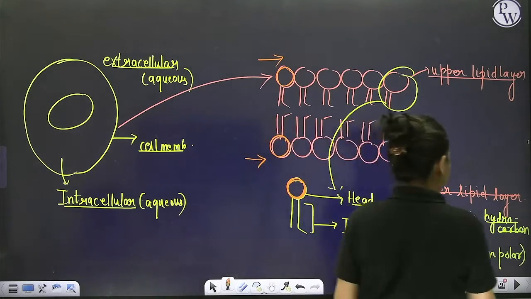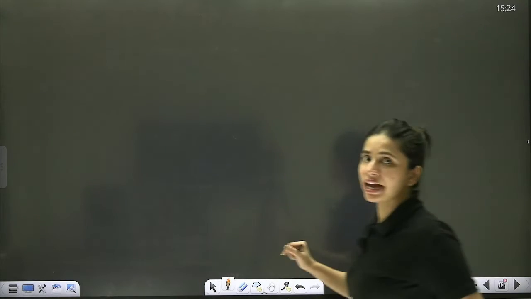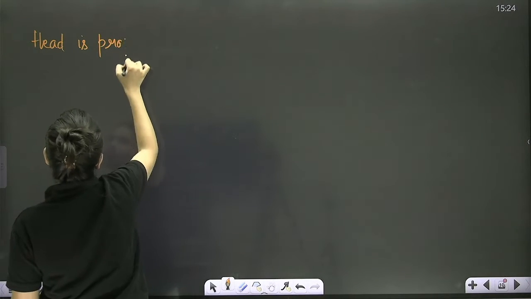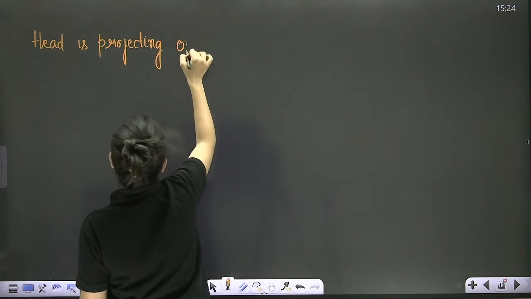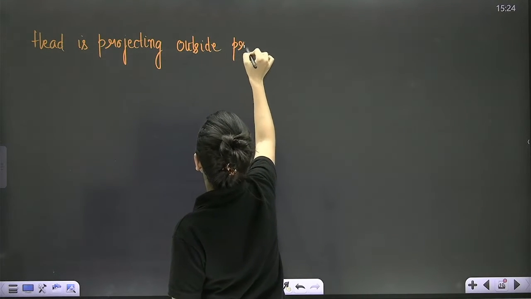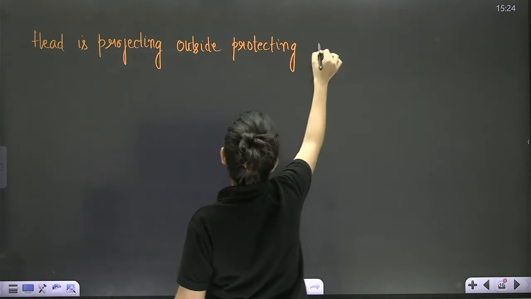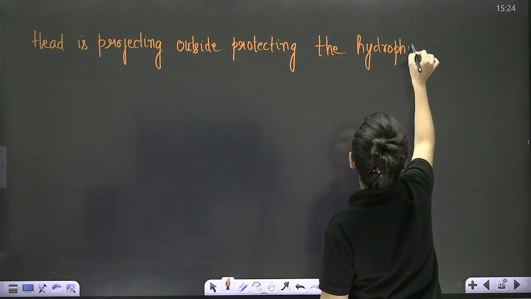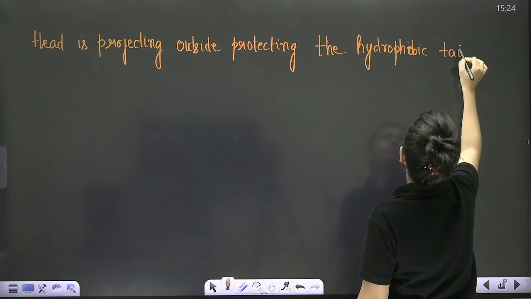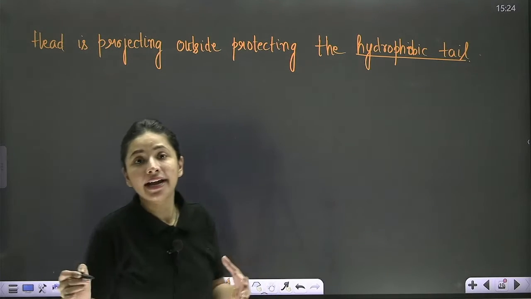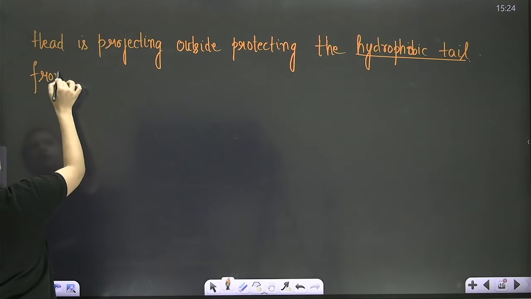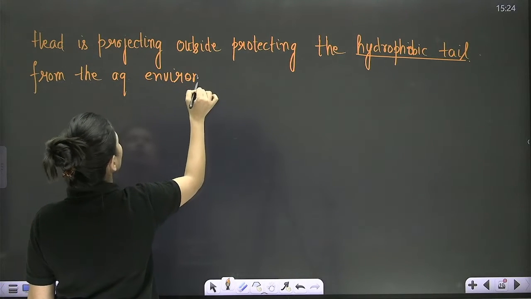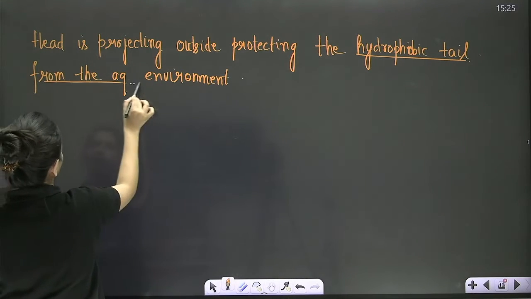So what is the next point that you are going to write over here? The next point you are going to write is: head of the lipid molecule is projecting outside, protecting the hydrophobic tail from the aqueous environment.